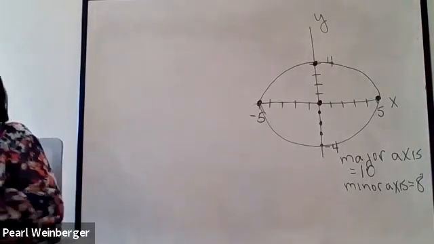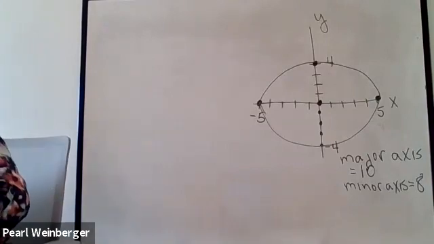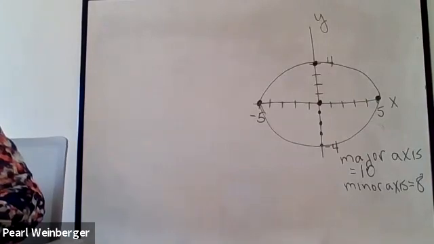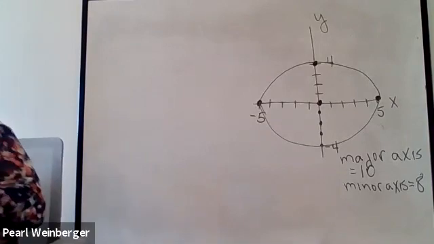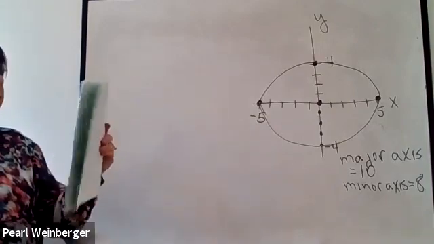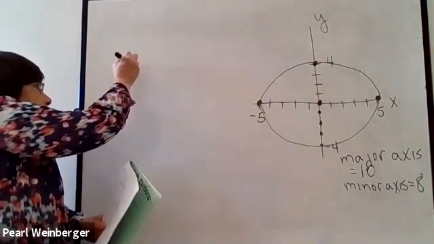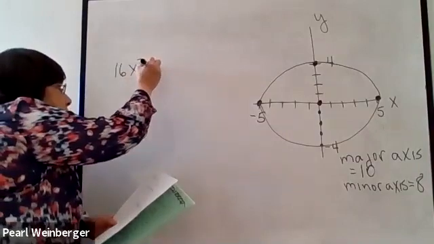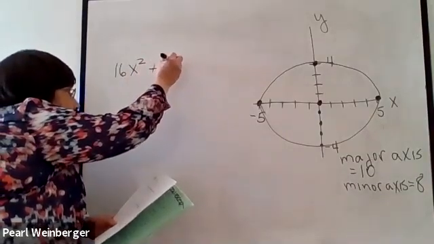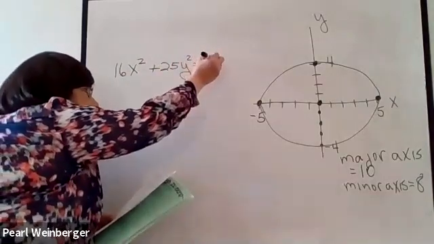So, for example, what if I gave you an equation that looks like this? 16x squared plus 25y squared equals 400.